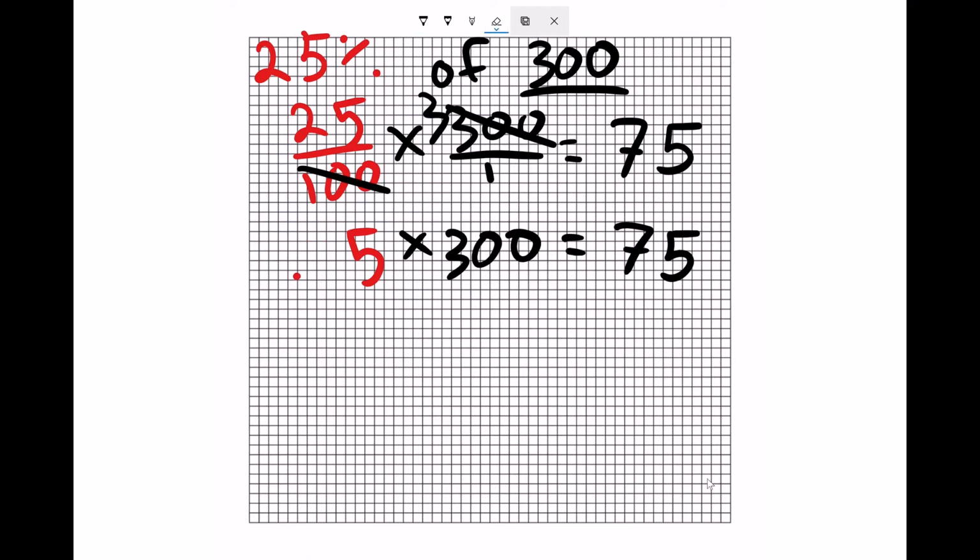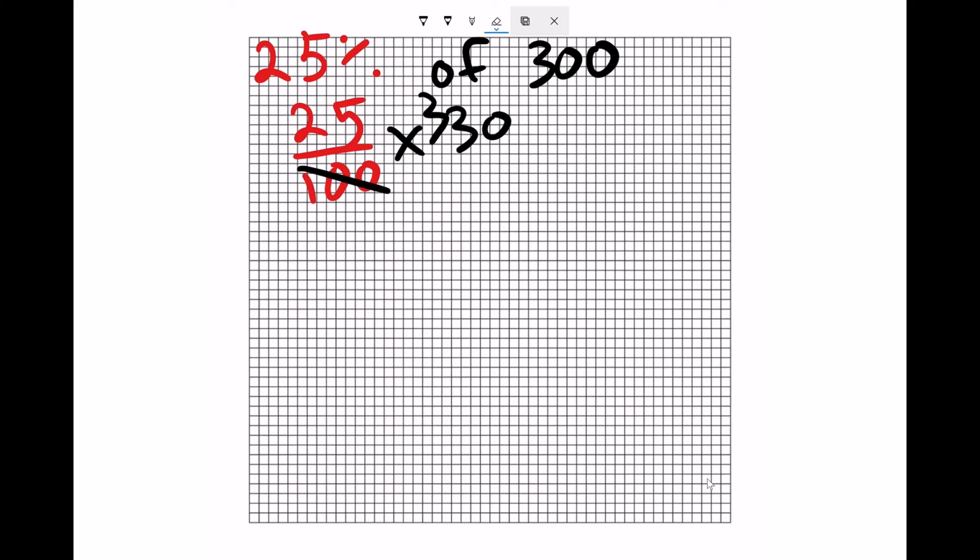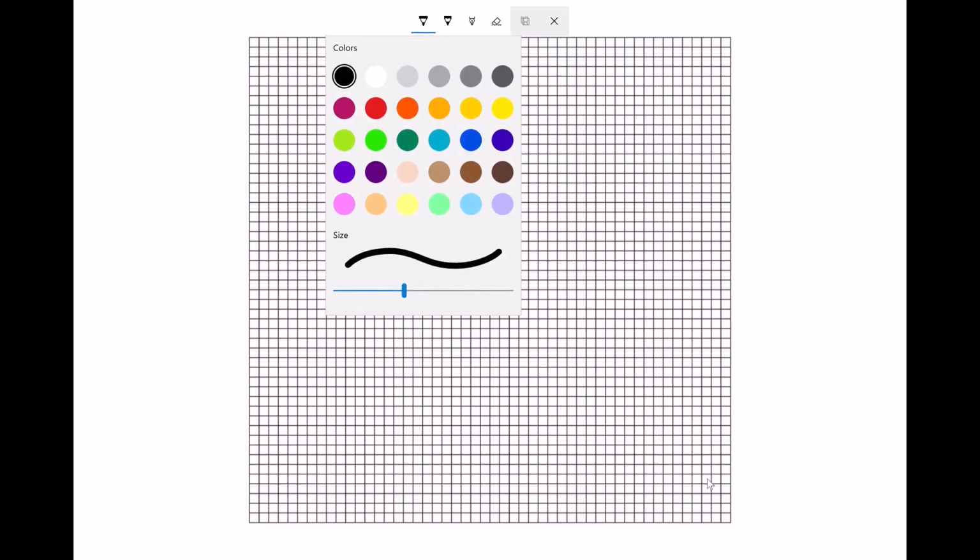This week, we are going to be doing almost the exact same thing. The key word is estimation. So, one thing to remember for this section is rounding up and rounding down.